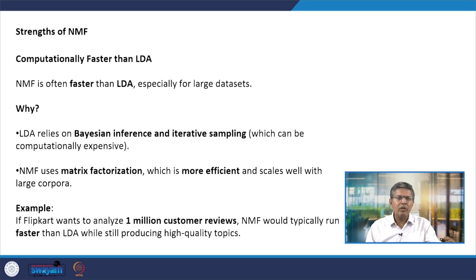But NMF uses matrix factorization, which is more efficient and scales well with large data sets. So, if Flipkart wants to analyze 1 million customer reviews, that is 10 lakh, NMF would typically run faster than LDA while still producing high quality topics. When I share the codes and you run it on your own, you will realize this is a better technique than LDA. It is an improved technique.